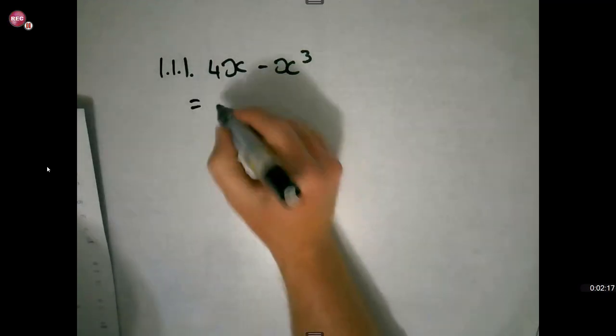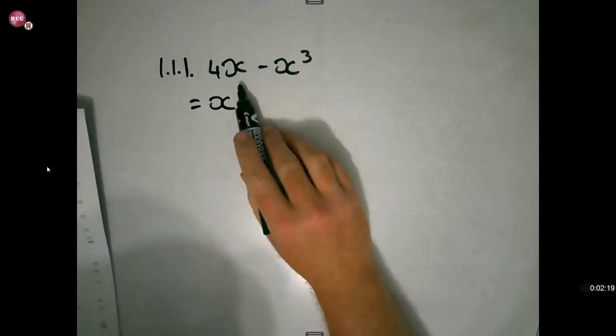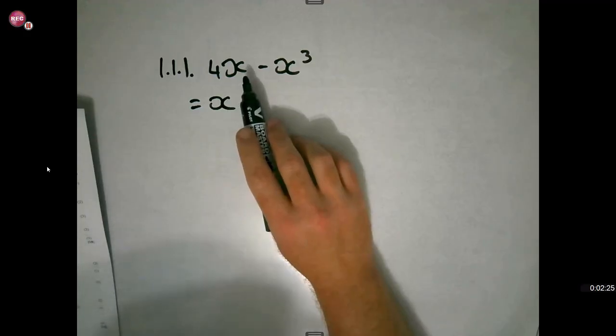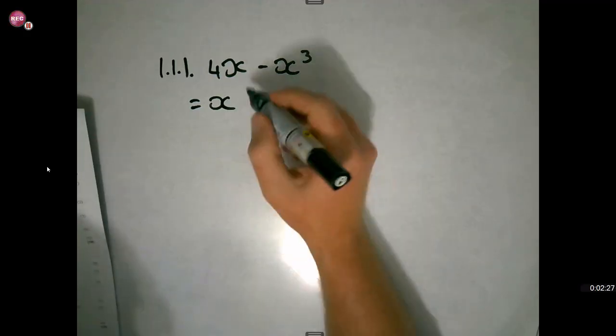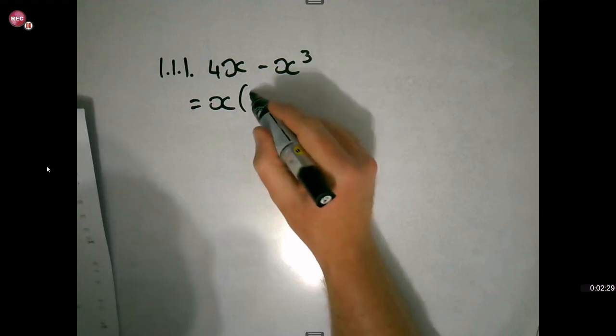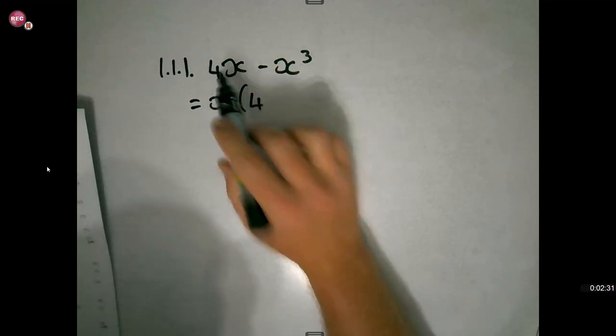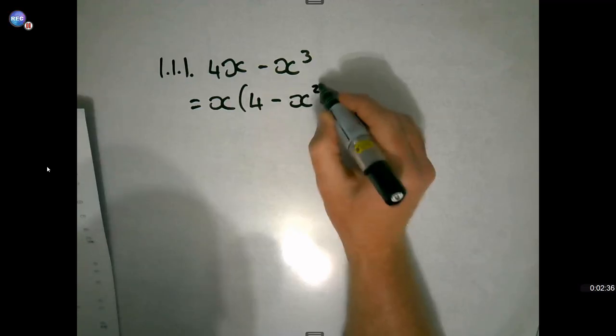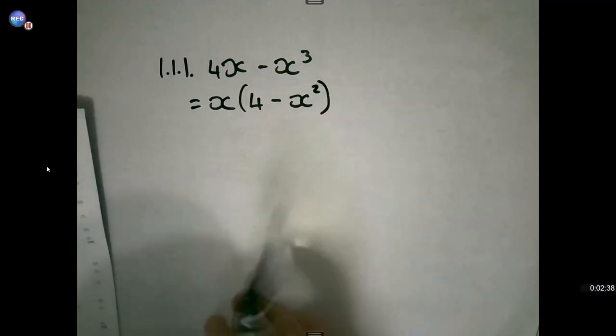So in this case, we'll take out x, and remember to always take out the lowest of the two. Remember, you can't take out more than what you initially have in this case. What we do then is we write whatever is left. So in this case, for this term, it will be 4. Bring the negative. You've taken a 3, so there will be 2 x's left in this case.